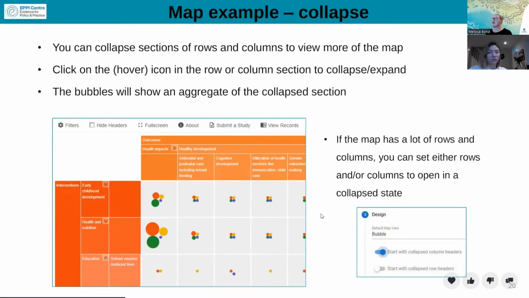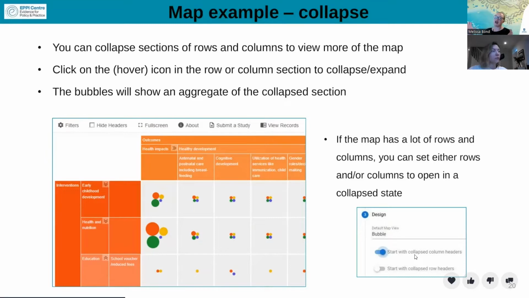Now, this is another exciting new development for those people who've used EPPI-Mapper before. When you first create your map, you're able to choose to have your rows and/or your columns start in a collapsed state. This is fantastic, particularly for people who have a very large number of codes, a very large amount of information in their maps.